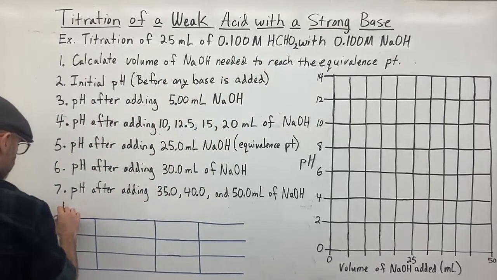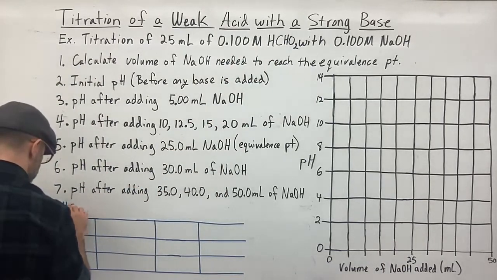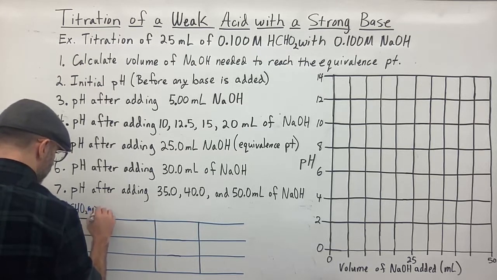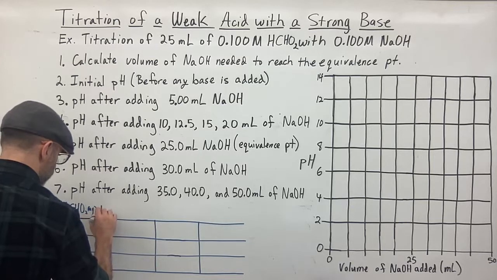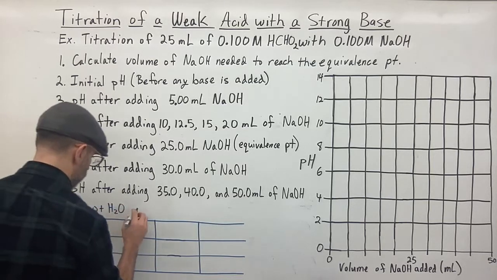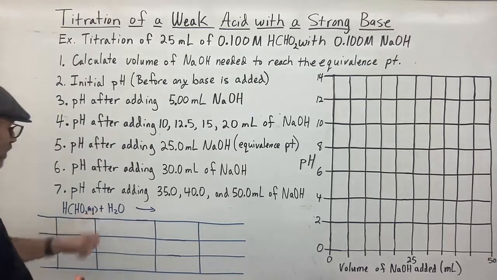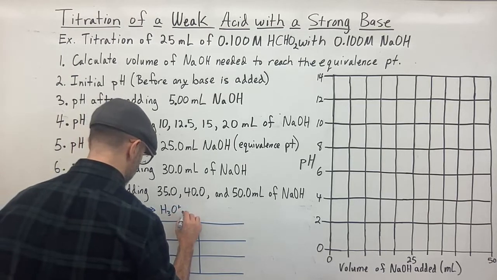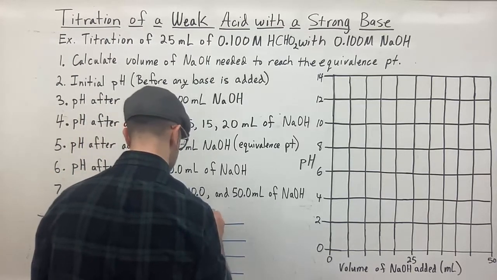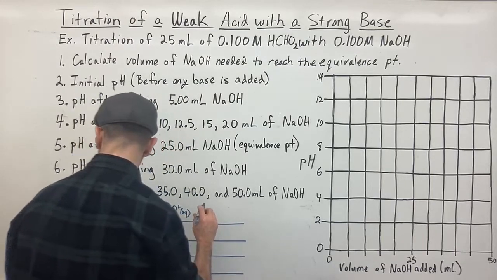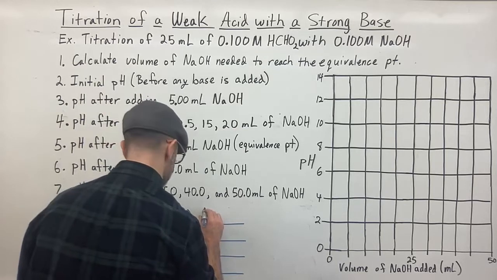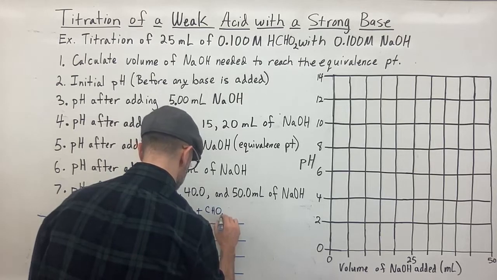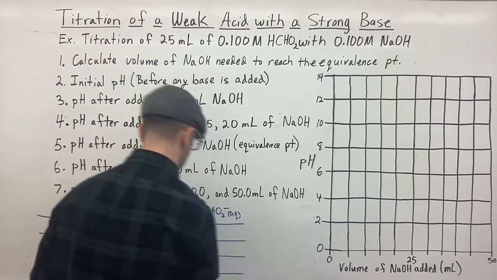So we have HCHO2 aqueous, reacting with H2O, and that's going to give rise to H3O plus aqueous plus the leftover conjugate base, so plus CHO2 minus aqueous.